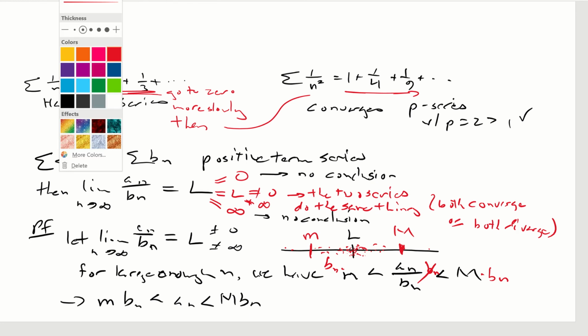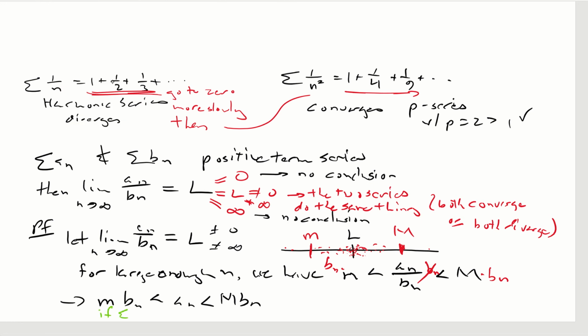And here's the cute part. Here comes our friend Mr. Comparison Test. If series b_n diverges, that implies series a_n diverges. How do you see that? Right here: if the smaller series diverges, the larger one does. But it also says, if series a_n diverges, that implies series b_n diverges.